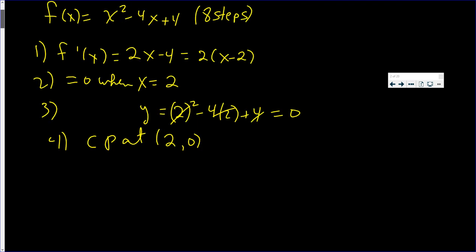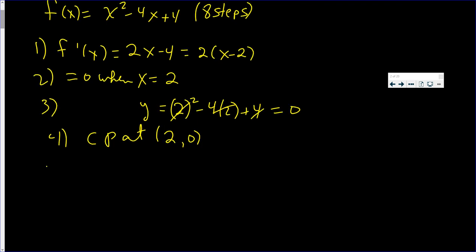Now let us find the second derivative. So f double prime of x is equal to 2. And this equals 0 never.